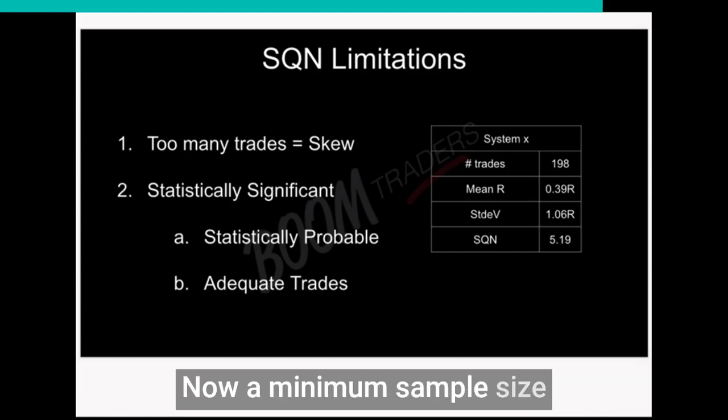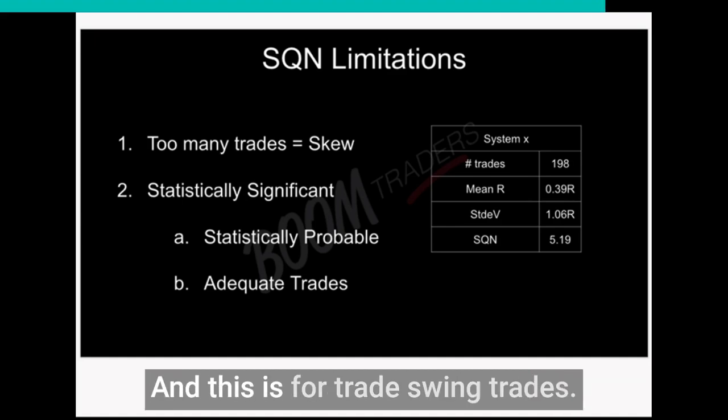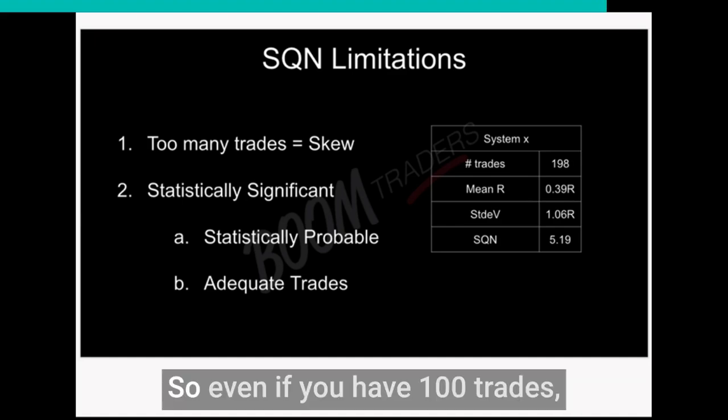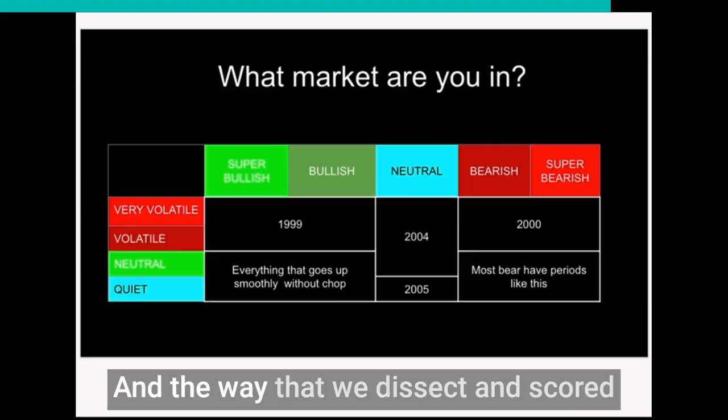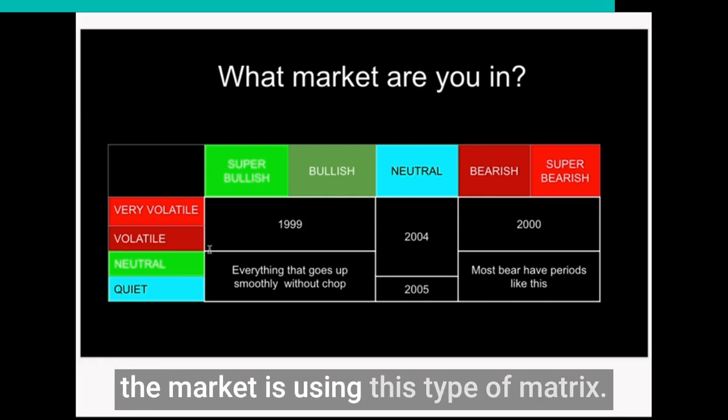Now, a minimum sample size that we recommend is 30, but 100 trades are much better, and this is for a swing trading system. So even if you have 100 trades, are they adequate for the current market that you're trading? And the way that we dissect and score the market is using this type of matrix.